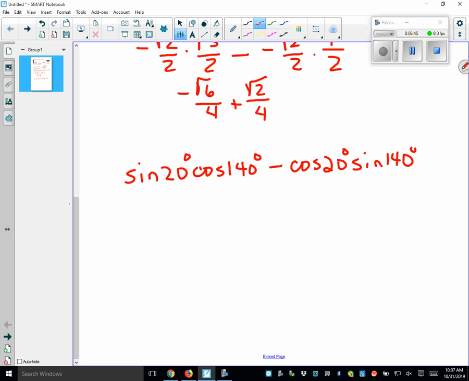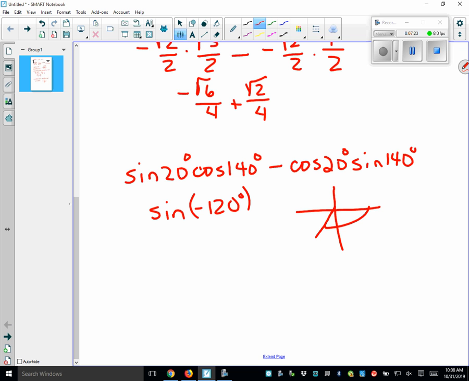Is this the formula for sine? So what would it be? Sine of what? What quadrant is negative 120 in? Third.